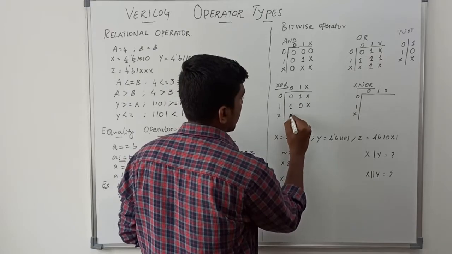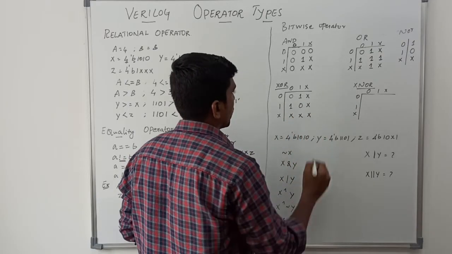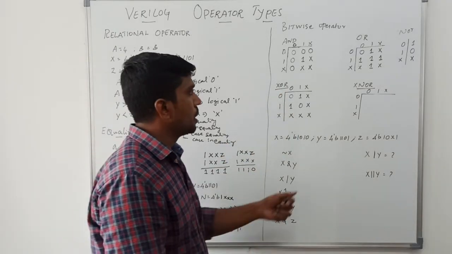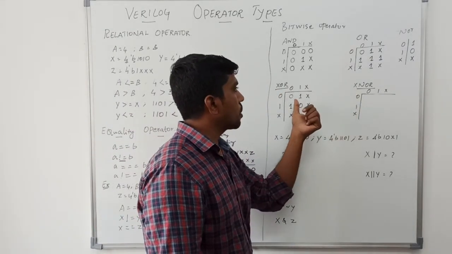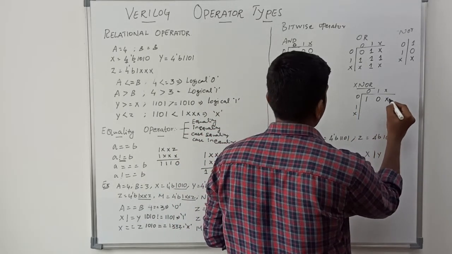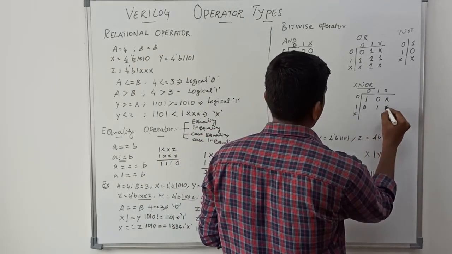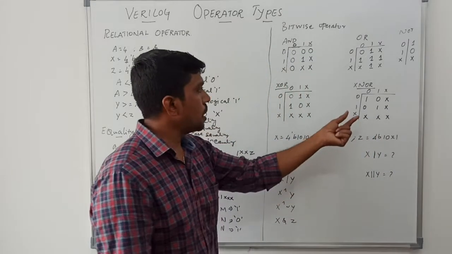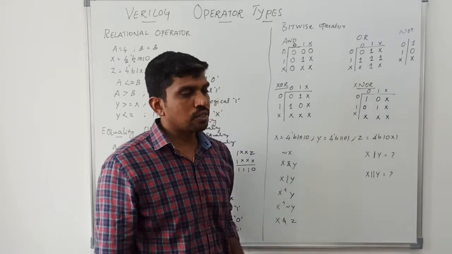Then don't care with 0, 1 and don't care, all don't care. So this is the output response of XOR operation. Then XNOR operation is just the complement of this value: 1, 0, don't care, 0, 1, don't care, don't care, don't care, don't care. So this is the output response table of XNOR operation.